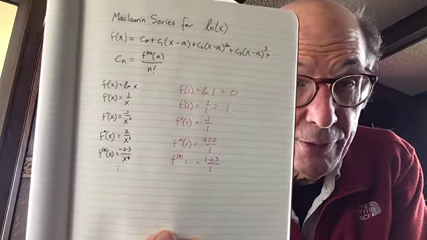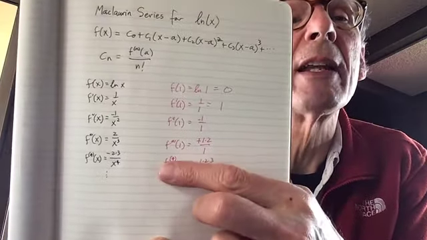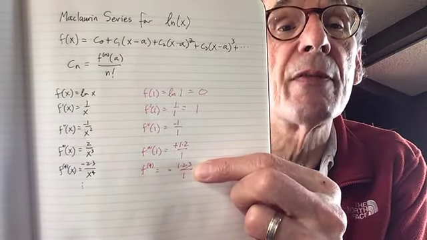F double prime of 1 is minus 1 over 1. F triple prime of 1 is, I'm sorry, plus 1 times 2 over 1. Fourth derivative is minus 1 times 2 times 3 over 1. So the bottom here is always going to be 1. And what we're getting here, fourth derivative, 3 factorial.